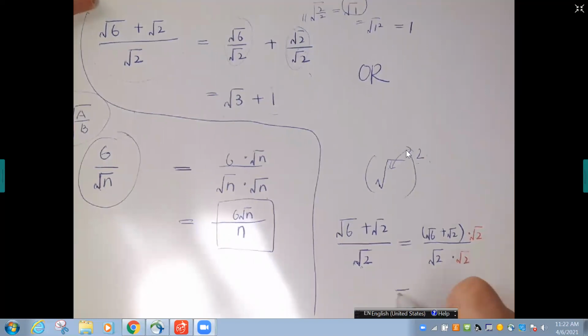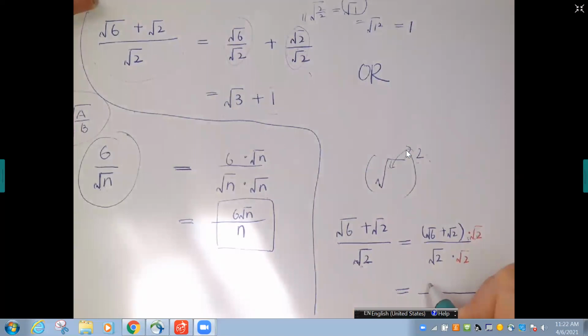Now let's simplify this. I will do the multiplication respectively. On the denominator, it turns into 2. On the numerator, we go back to the multiplication. How do we multiply the two radical expressions? Radical 6 times radical 2, we have done this before. It equals radical 12, which is 2 radical 3.